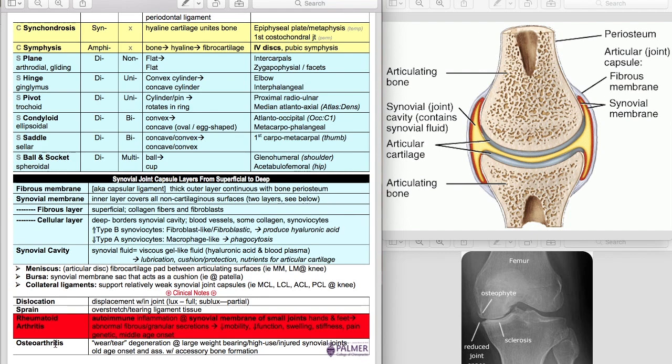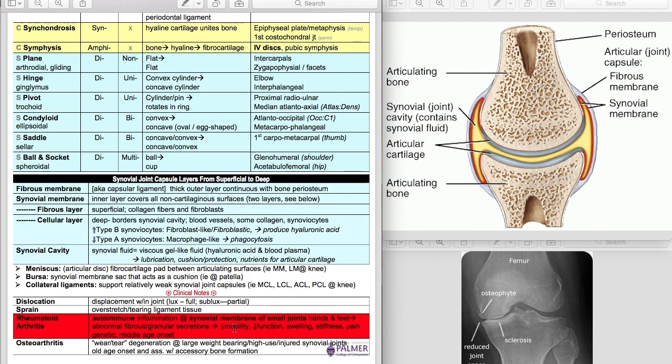Rheumatoid arthritis is shown in red because it reminds me of inflammation, the color red, I suppose. But rheumatoid arthritis is an autoimmune inflammatory condition. So you need to know that it's autoimmune in nature. You need to know that the pathology is due to inflammation. And the inflammation takes place in the synovial membrane of the synovial joint.